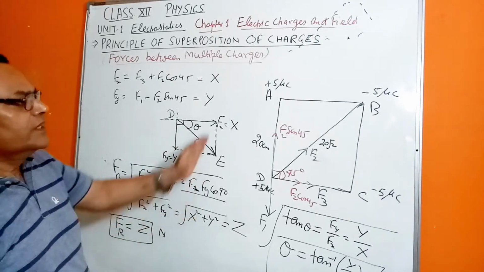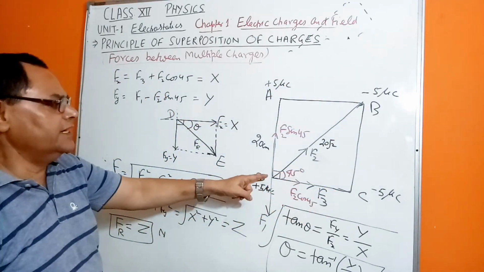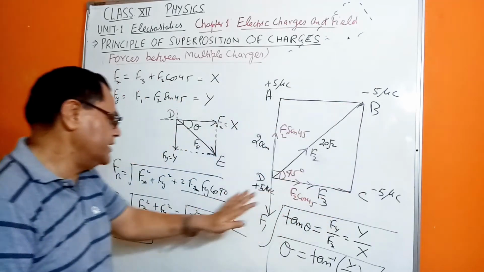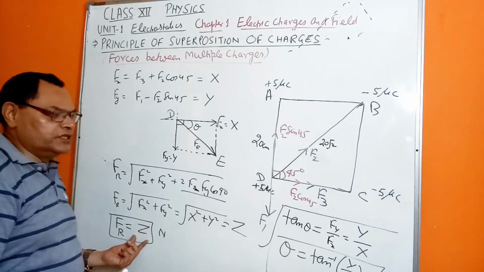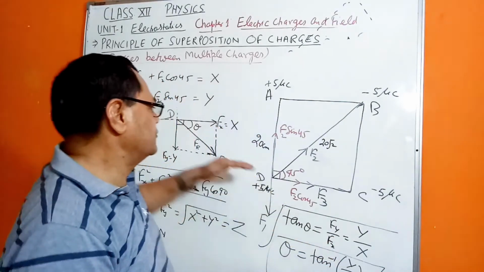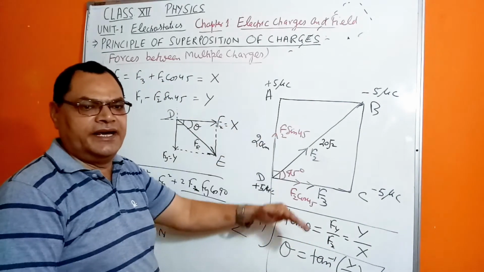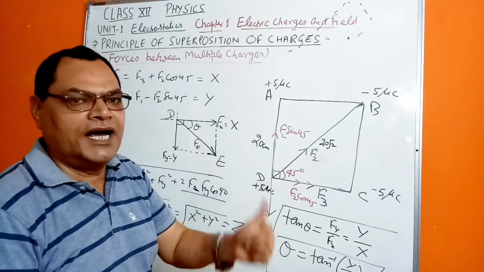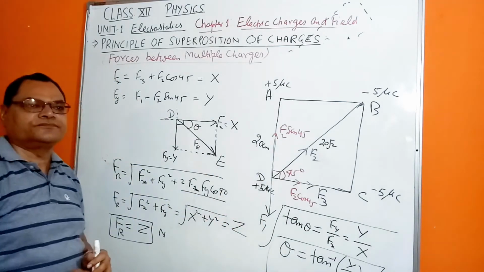We will say the resultant force at point D in this arrangement is Z Newton at an angle this with respect to the horizontal x-axis. This is the absolutely correct answer.